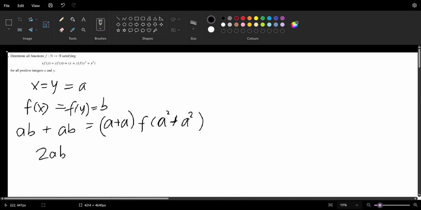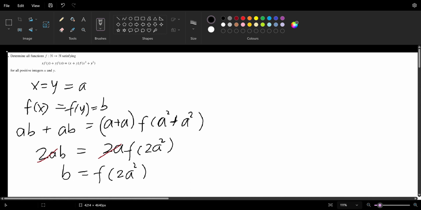We have 2ab is equal to 2a times f of 2a squared. Let's simplify the equation first. Let's just cancel this out, and now we are left with b equals f of 2a squared.